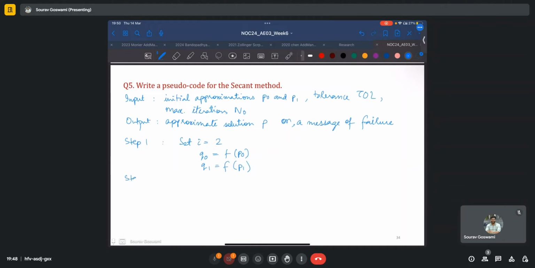And then when these are the function values, we start our iterative steps. So while the number of iterations is less than or equal to the maximum, we do the upcoming steps.